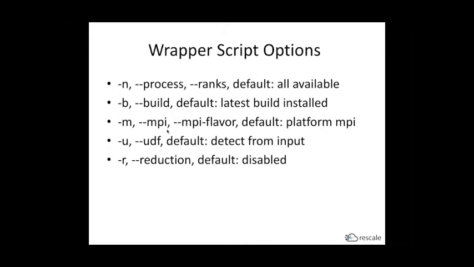Lastly, the MPI flavor can also be set. Some of our customers would like to run the same MPI flavor they run internally, so they are confident that CONVERGE will give them the same results, so they can set that using the MPI flag.